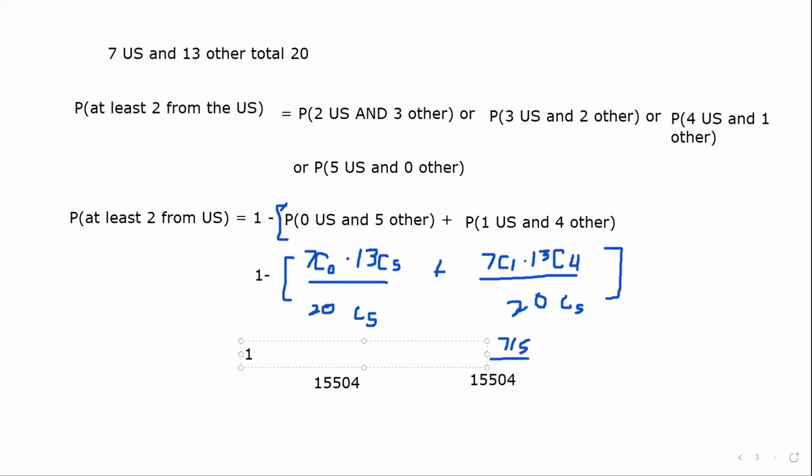So 1 minus this result. So we have 1287 plus this. What I'm going to do now is subtract that.